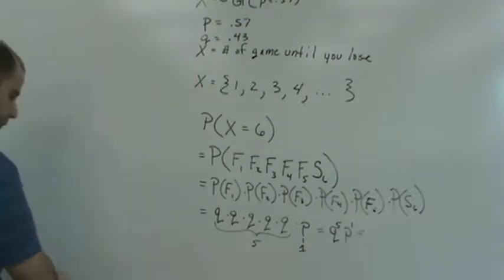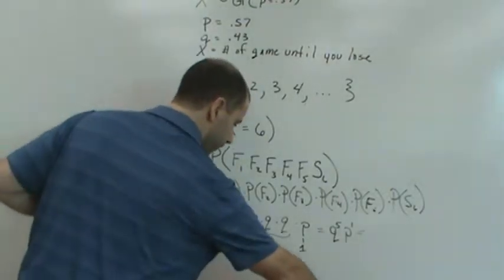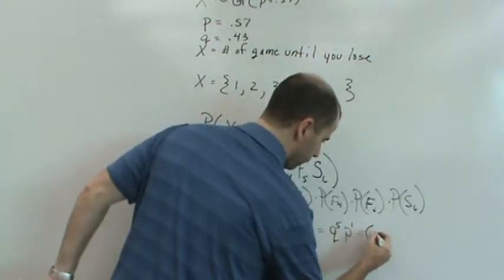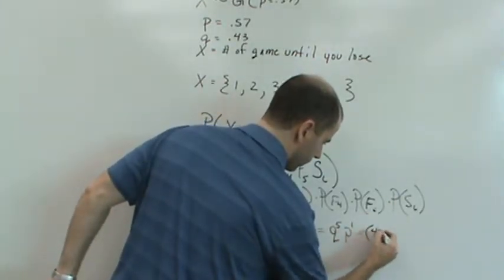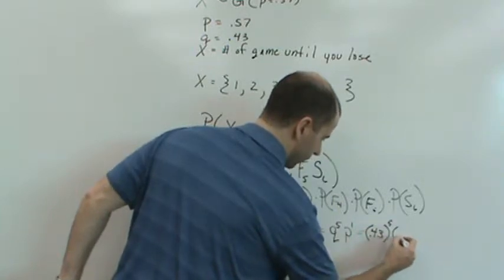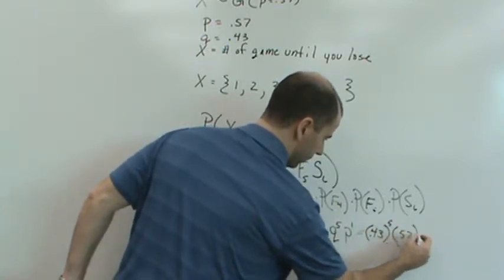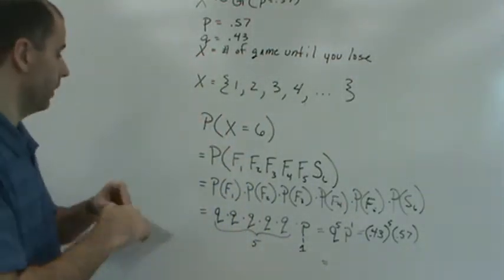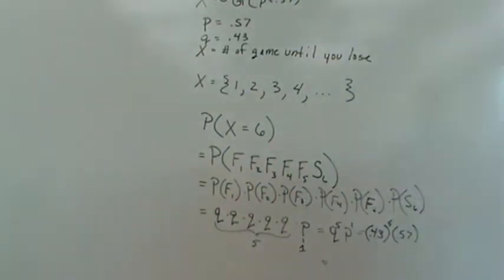It's going to be 0.43 to the 5th power times what? 0.57. And so what does that equal? Well, let's figure it out. Get your calculator out.